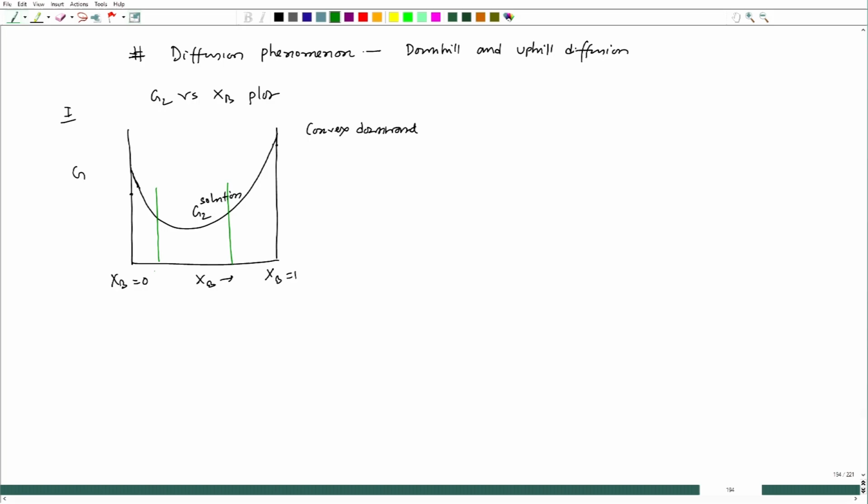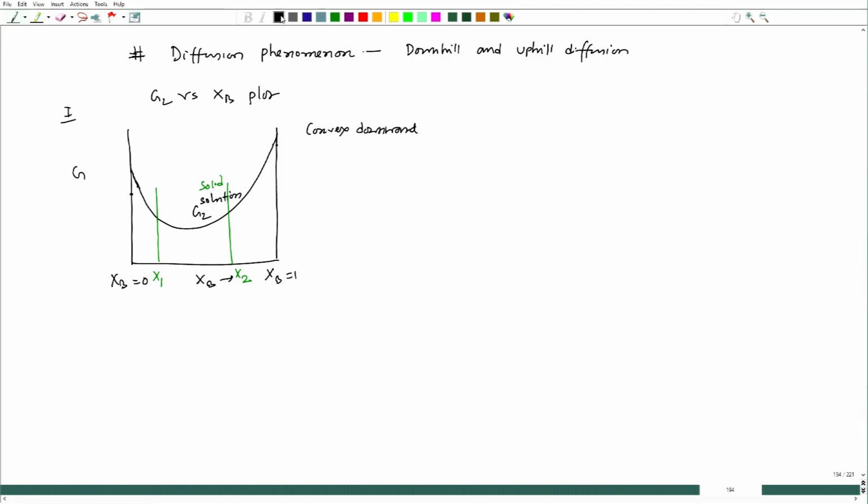These are the two alloy compositions, this is x 1, this is x 2, with respect to solute B. Now, if I make the two alloys, and let us say this is solid solution free energy, and then I make a diffusion couple and heat it at a temperature where this free energy plot is experienced. Now, what would be the movement of elements? Let us understand that.